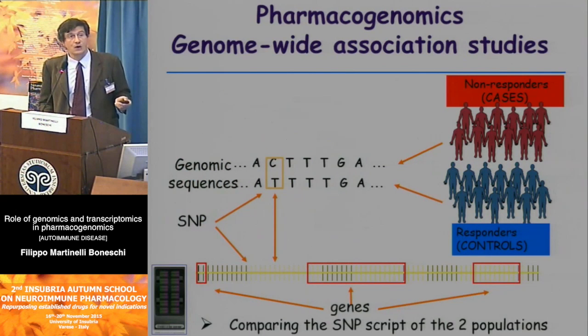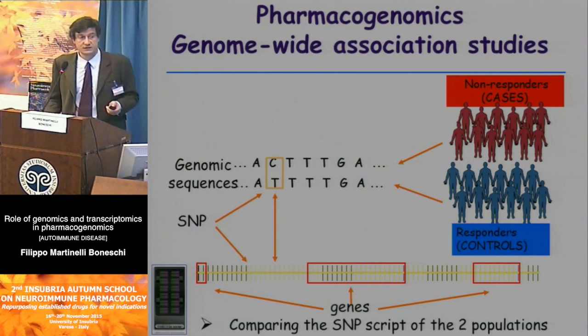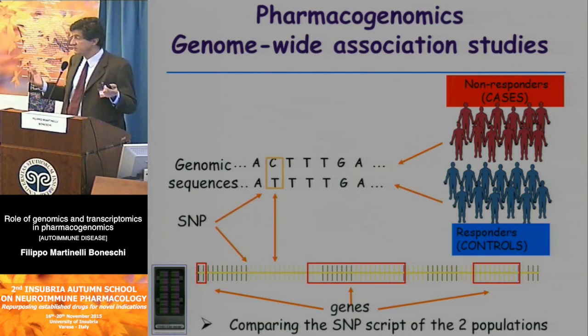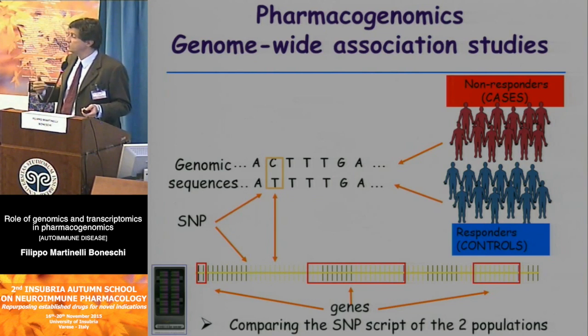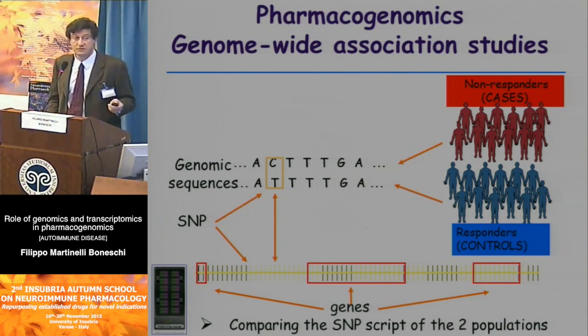And genome-wide association studies are a way to identify essentially genetic variants associated with response to treatment. So just imagine to have a sample of patients treated with a specific drug. You have non-responder patients, who do not have benefit from the drug, and you have responder patients who benefit from the drug.